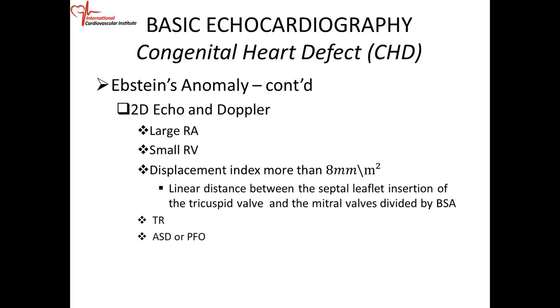The RV is small. And we talk about a displacement index. That's basically how much the septal leaflet of the tricuspid valve is displaced towards the RV apex. The definition of the displacement index is the linear distance between the septal leaflet insertion of the tricuspid valve and the mitral valve, and you're going to divide that by the body surface area.